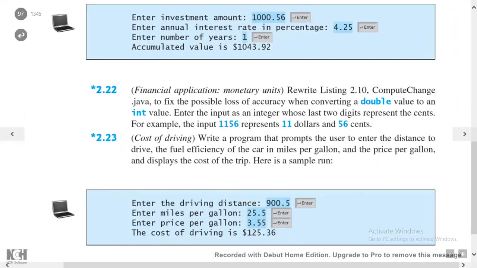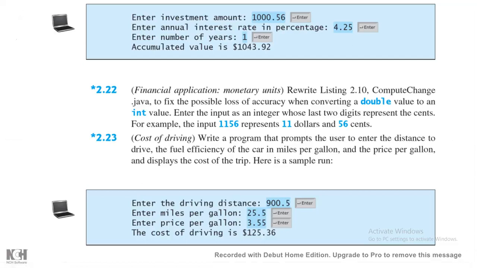Okay, so let's read the question. It's a financial application question, monetary units. They're telling us to rewrite listing 2.10, which is ComputeChange.java, to fix the possible loss of accuracy when converting a double value to an int value.